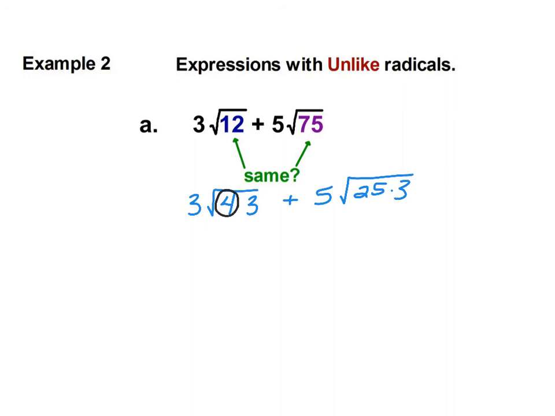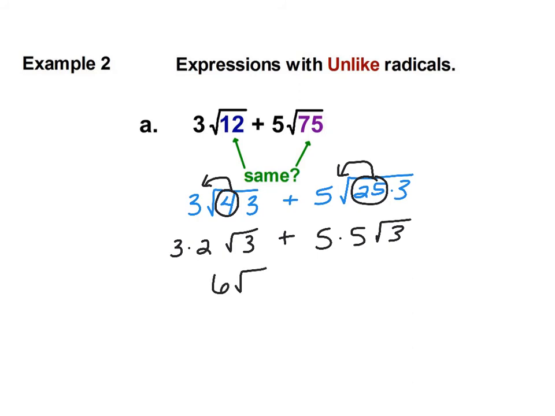This square root of 4 is going to come out as a 2, so I get 3 times 2 square root of 3, plus 5. Now the square root of 25 is going to come out as a 5, and I still have the square root of 3. So that gives me 6 square root of 3 plus 25 square root of 3. Hey, look what happens.